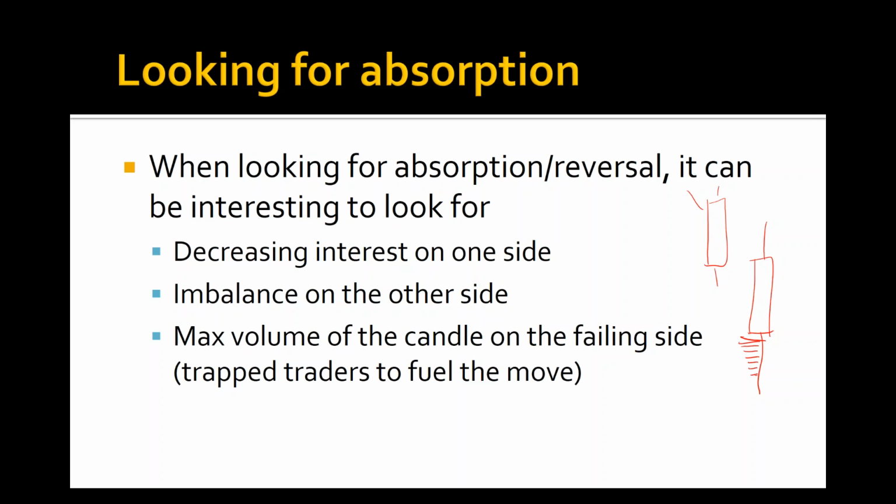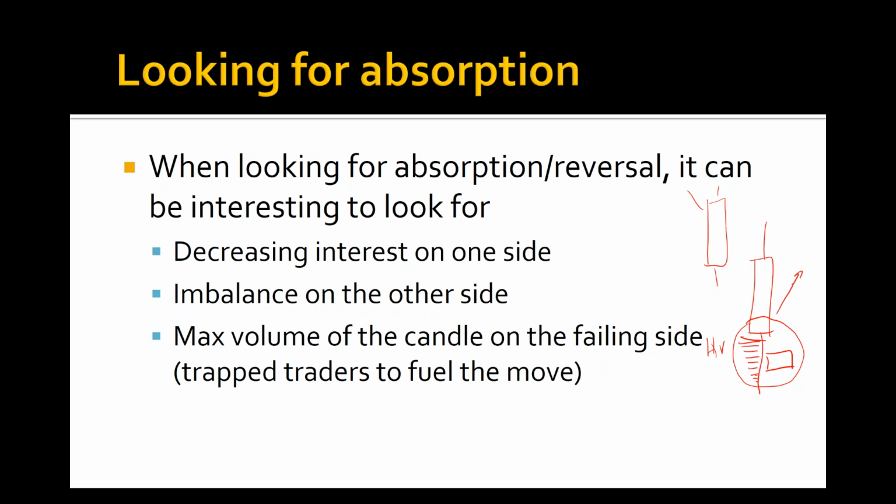So here people are getting less and less interested in selling the market. So decreasing volumes here. We would like to see some kind of imbalance on the other side with a big volume. And we would like to see all this in some kind of high volume zone. So all this is going to provide trapped traders that will be able to fuel the move up.